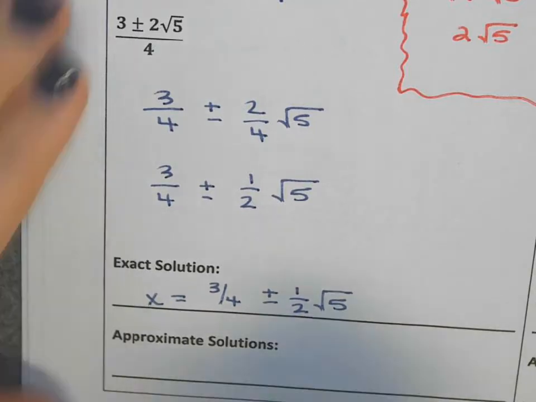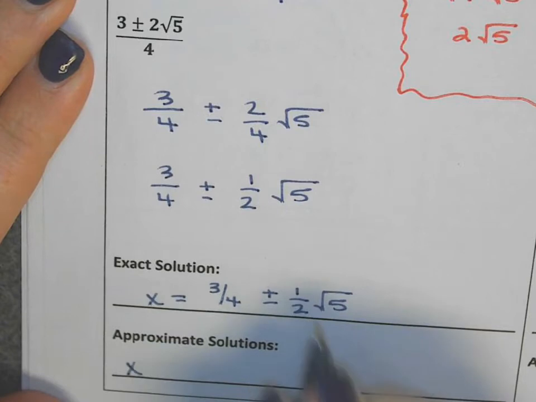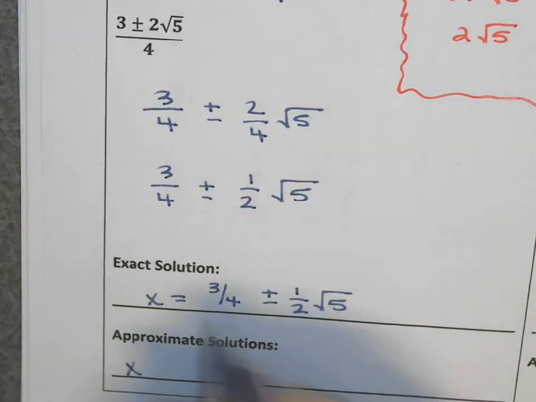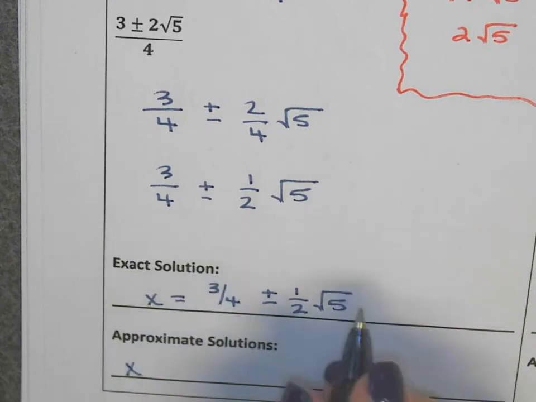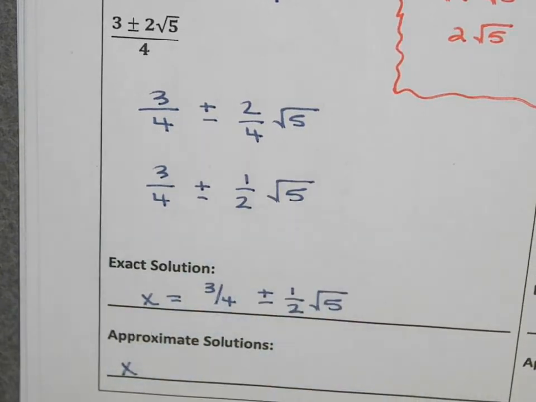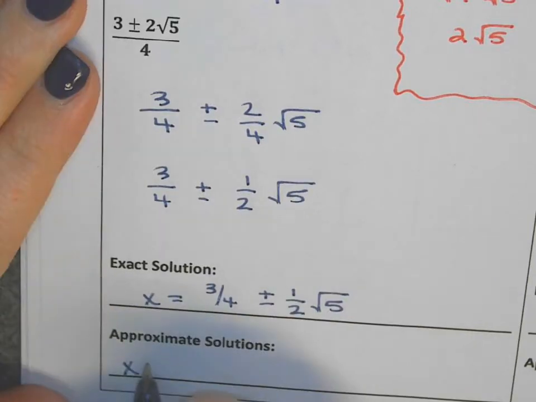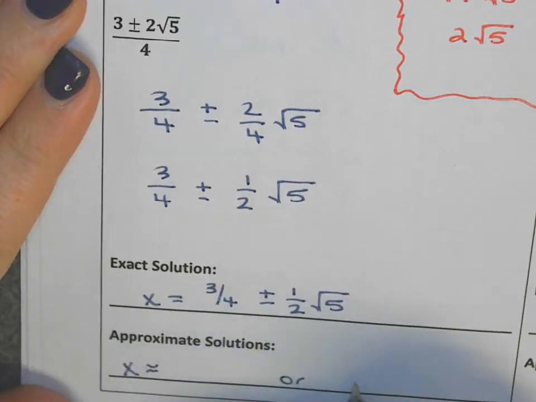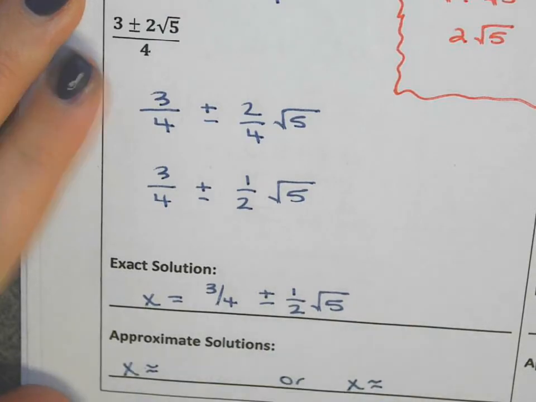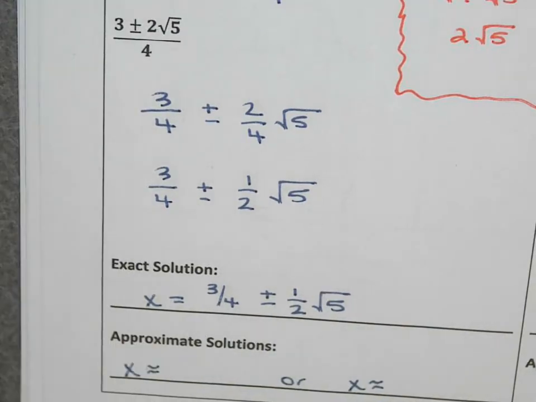But when I write it approximate, because there's not an i in this, are these like terms? There's no i in this. Are these like terms? Yes. So when I find my approximate, I can combine my like terms. So I'm going to have x is approximately, or x is approximately. I'm going to write my 2 answers separate. Yes? So you know that there's 2 solutions only when there's the plus and the minus sign together.